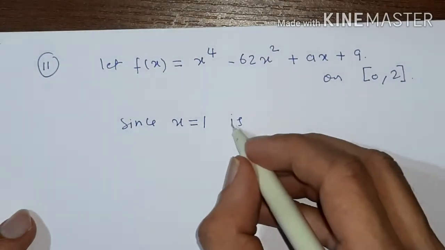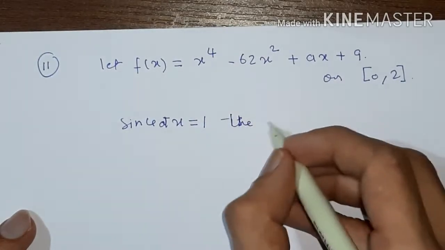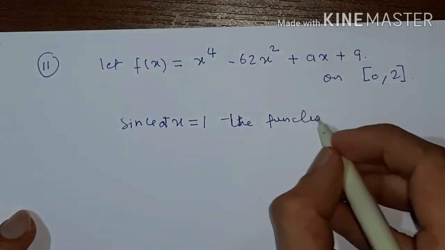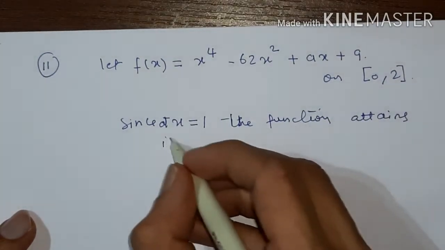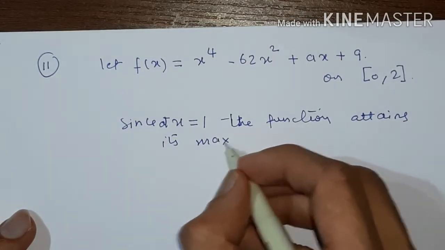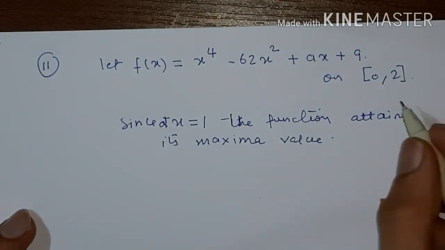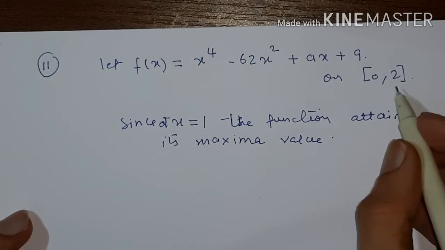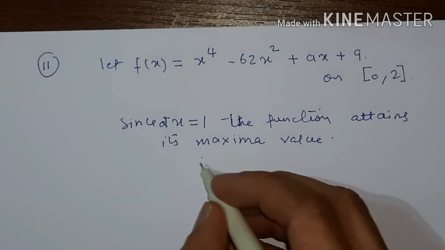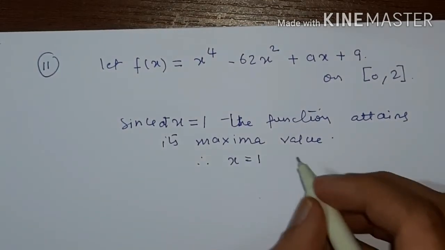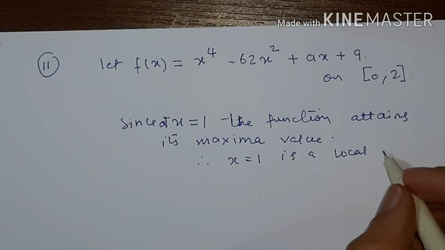Since at x equal to 1 the function attains its maximum value, and 1 is in this interval, x equal to 1 is a local maxima.